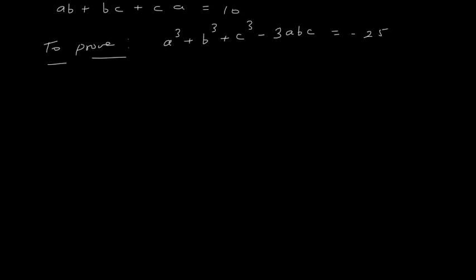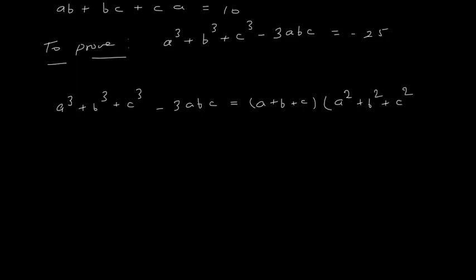We know that a cube plus b cube plus c cube minus 3abc is equal to (a plus b plus c) into (a square plus b square plus c square minus ab minus bc minus ca), right?